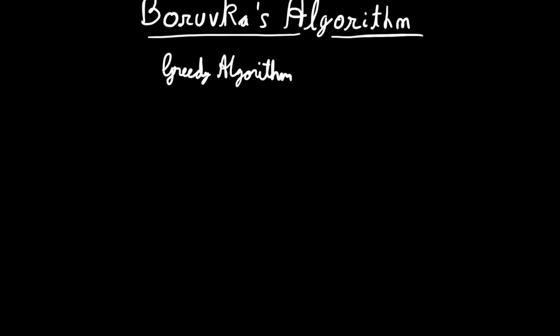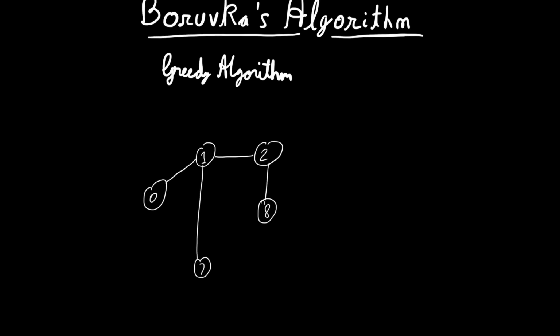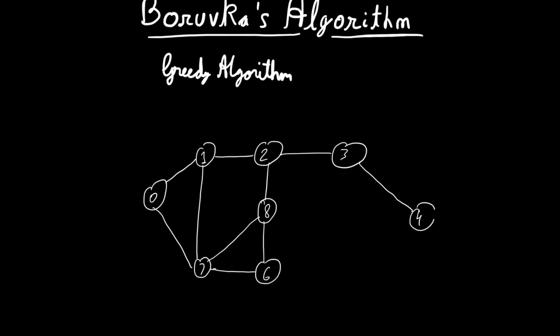Now to explain this further, I will take an example. First of all, we will take a graph with vertices 0, 1, 2, 3, 4, 5, 6, 7, 8.